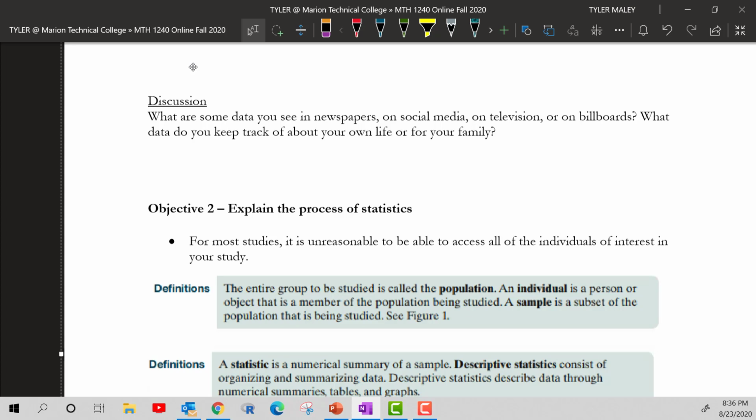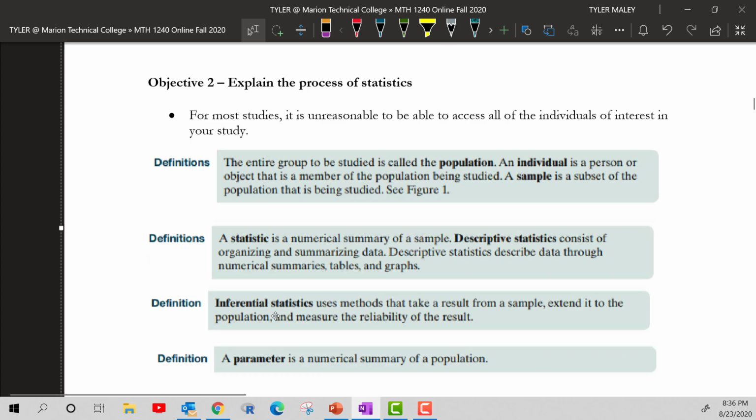So the point here is that data is all around us, right? So after this class, hopefully you'll be able to ask good questions and understand some things about data that can help you with all this information, become a little more statistically literate.